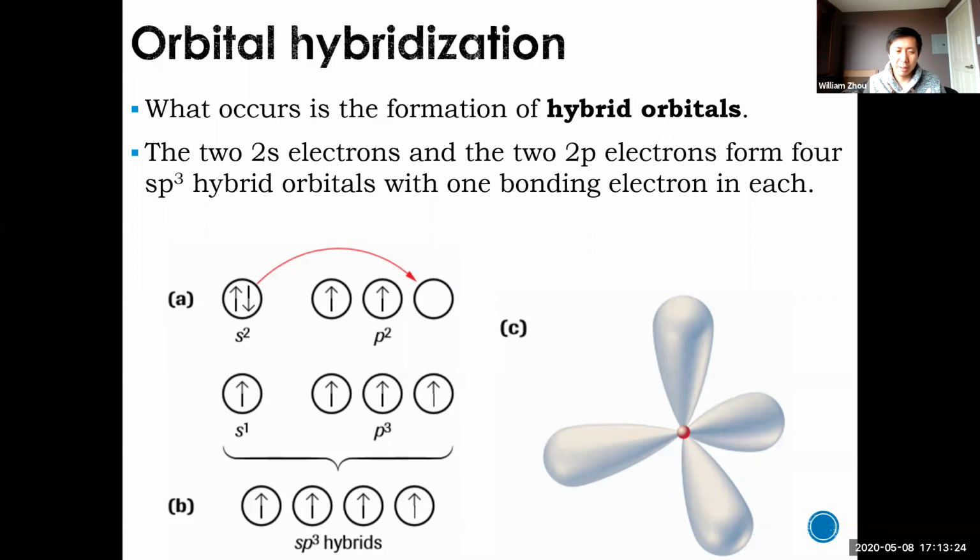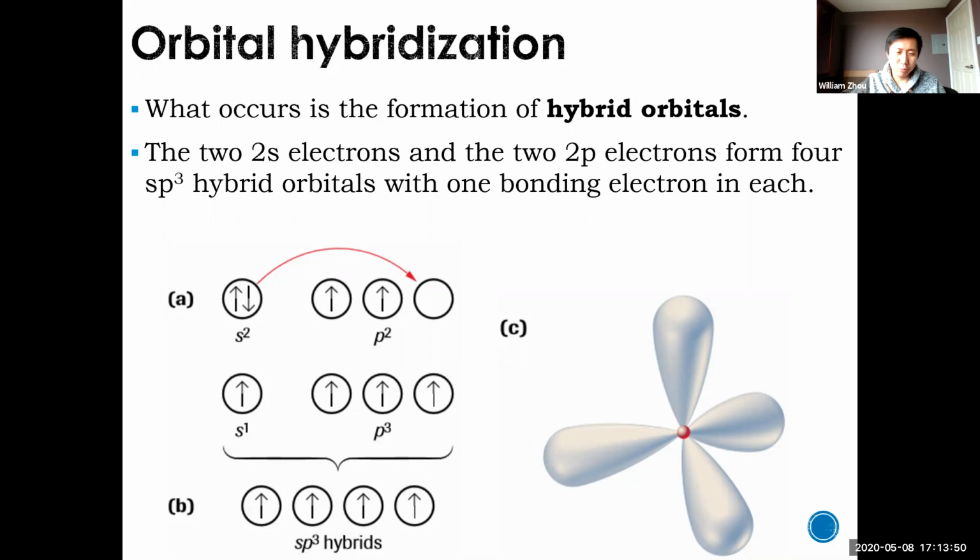They actually come together and basically evenly divide all of their energy amongst each other and reshape so that they have the exact same shape and energy, as shown in figure C. You see what I mean? In figure C, you see 4 different lobes.